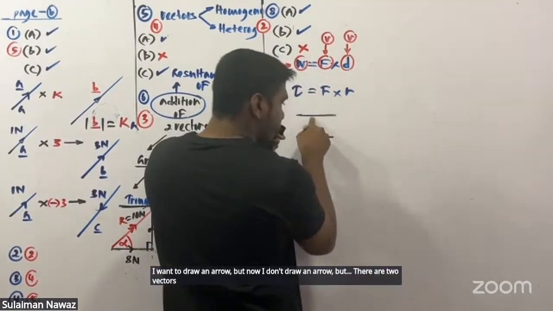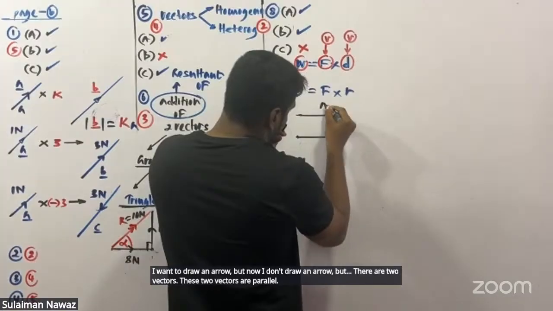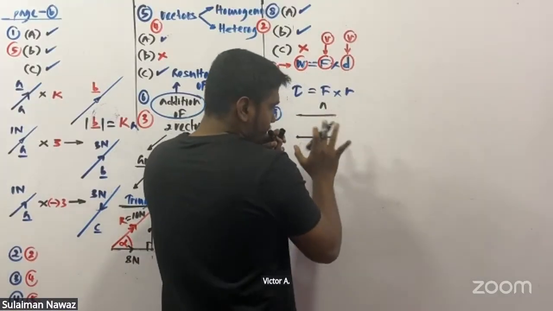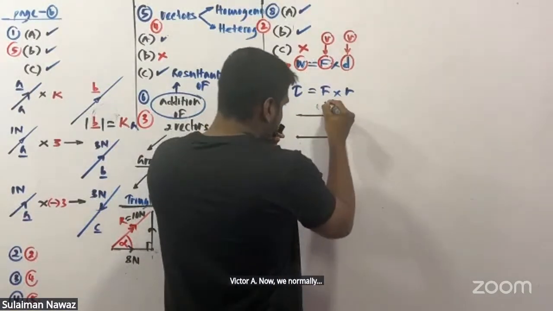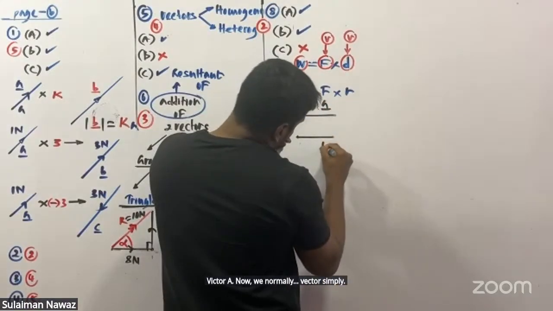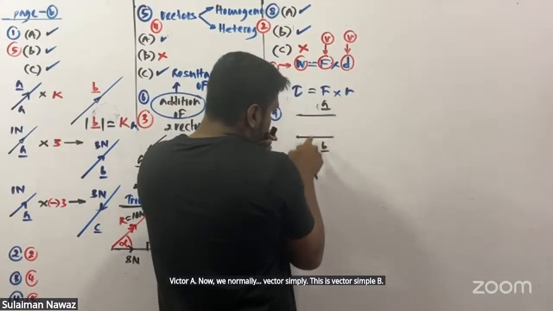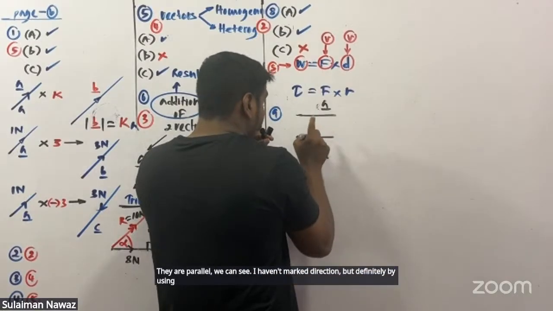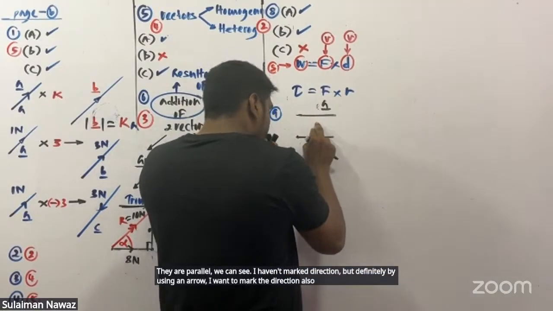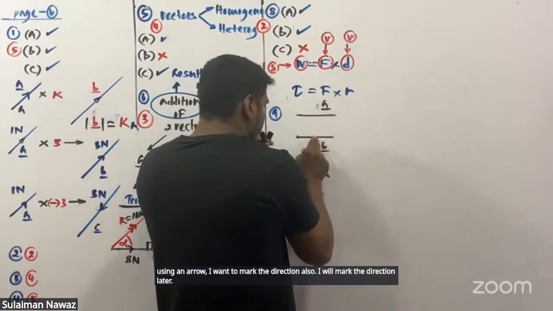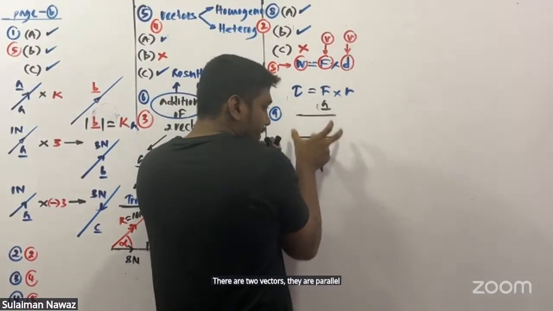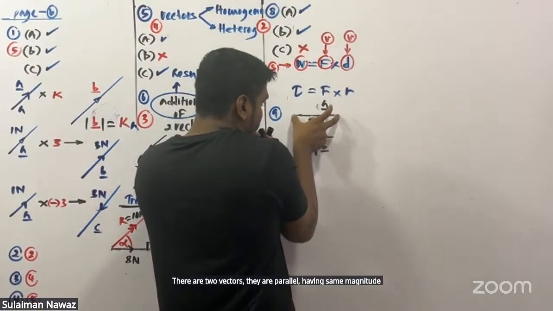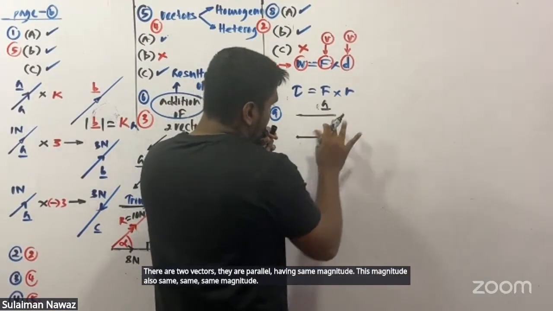These two vectors are parallel, vector A and vector B. I haven't marked direction, but definitely by using an arrow, I want to mark the direction also. I will mark the direction later. There are two vectors, they are parallel, having the same magnitude.